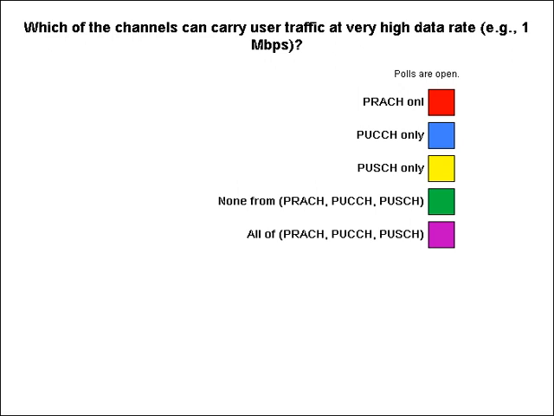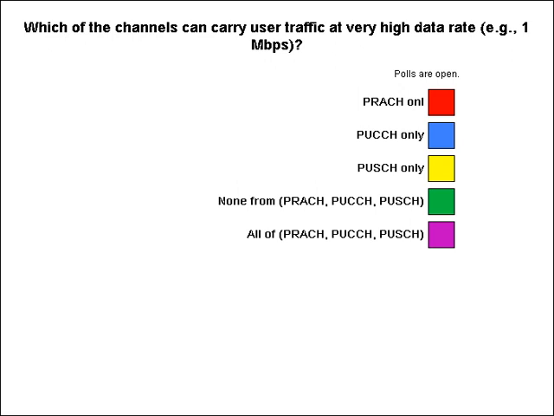So random access channel, that's a common channel. Anyone can use that in the absence of dedicated resources. Uplink control channel carries the control information: CQI, scheduling request, ACK/NACK. If you want to send those things, do you need 1 megabits per second to send your hybrid ARQ ACK or NACK?